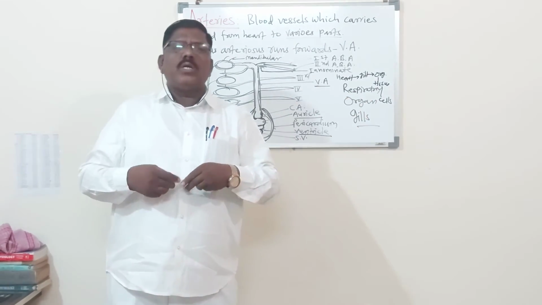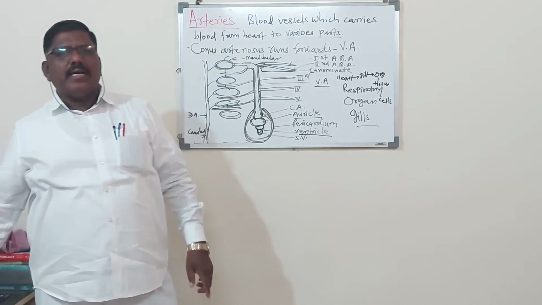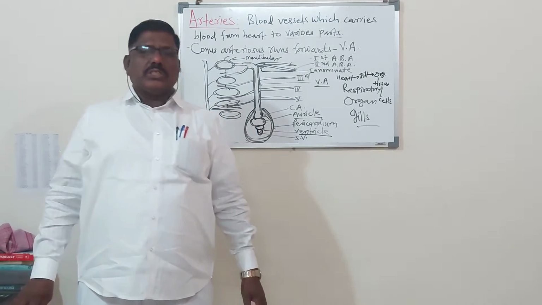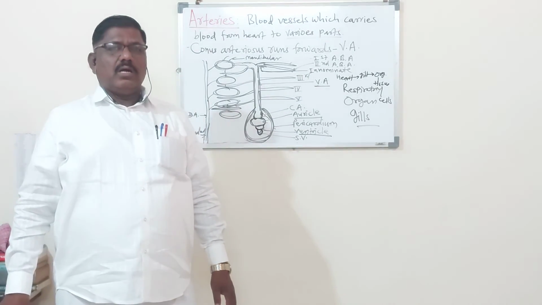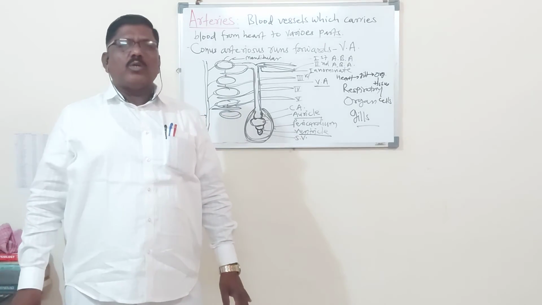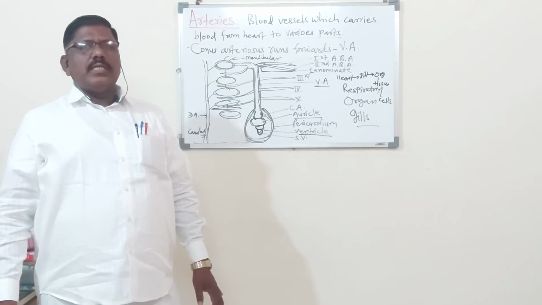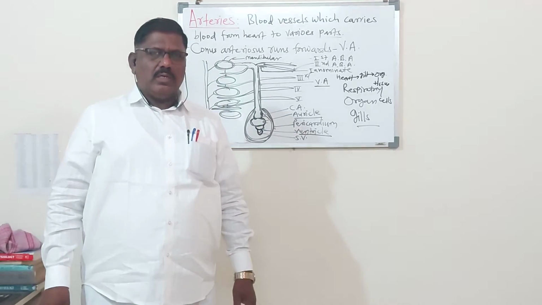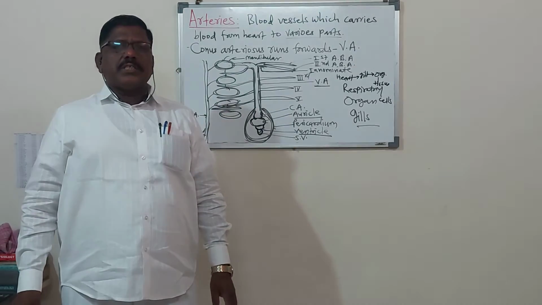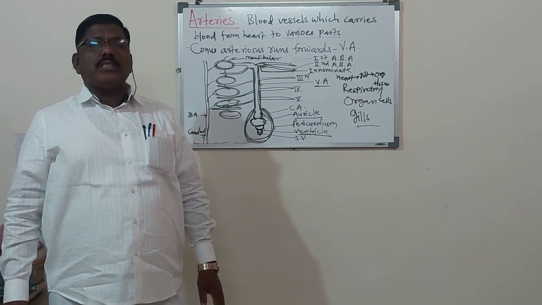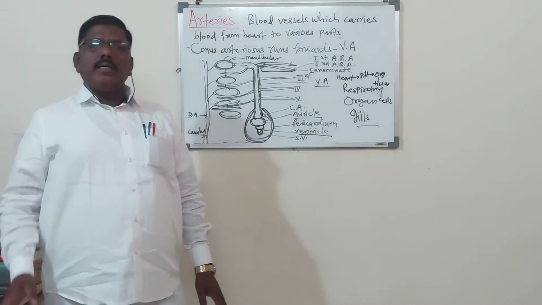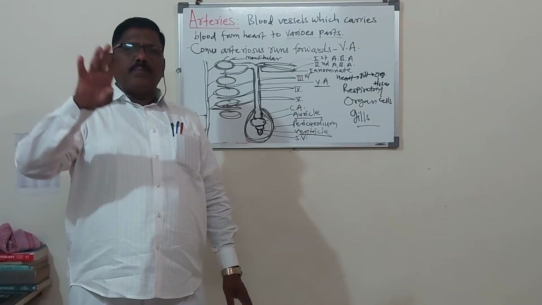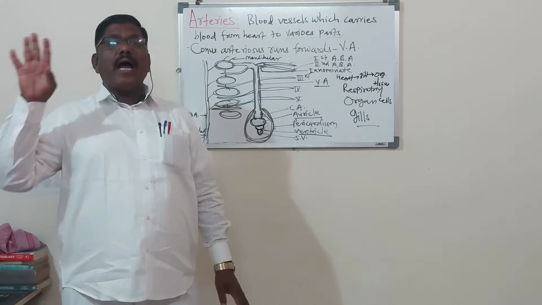So dear students, in today's period we have studied only the arteries, the arterial system. In the next period we will study the veins. Remember, we are studying the blood vascular system or circulatory system. In that system there are 4 parts: blood, heart, arteries and veins.